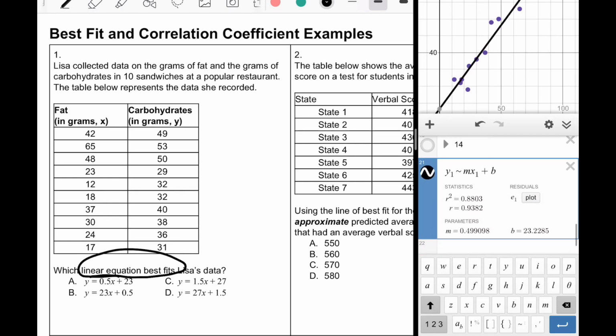Now, I can see that the R value here is 0.9382, which does mean it's strong and positive. But what I'm more interested in is my M value, which is 0.499, and my B value is 23.229. Now, I always like to do at least 3 decimal places.